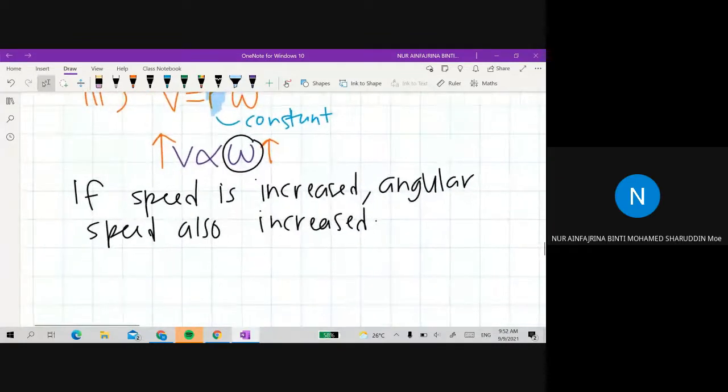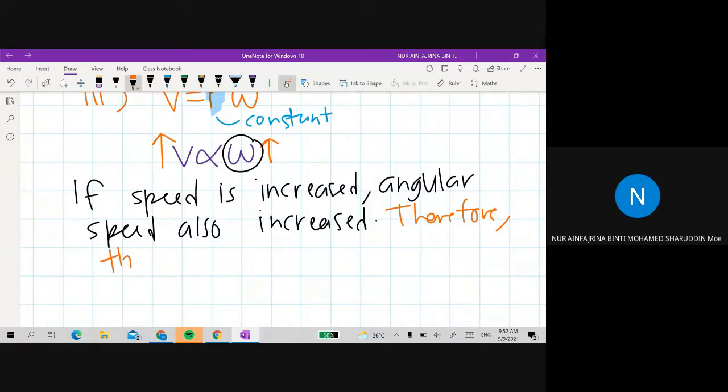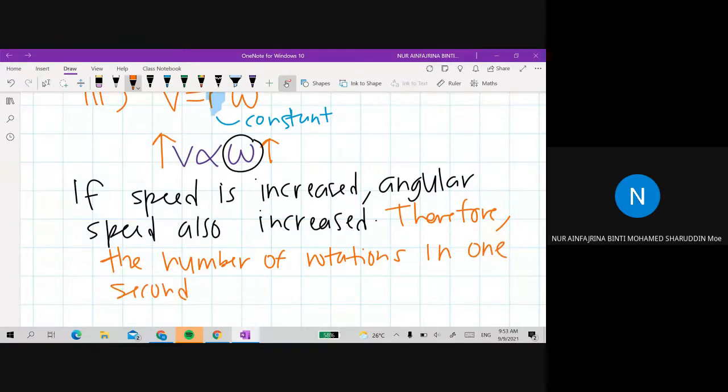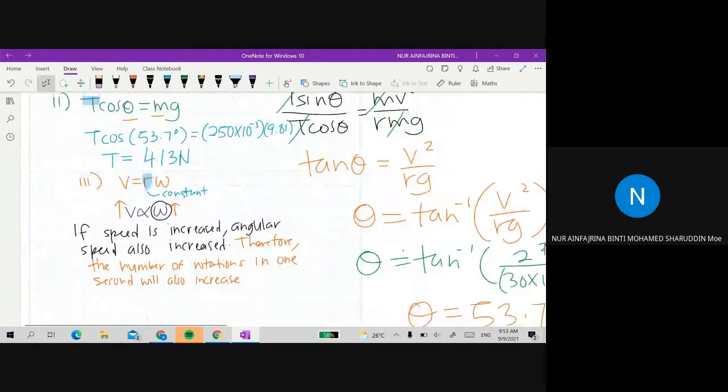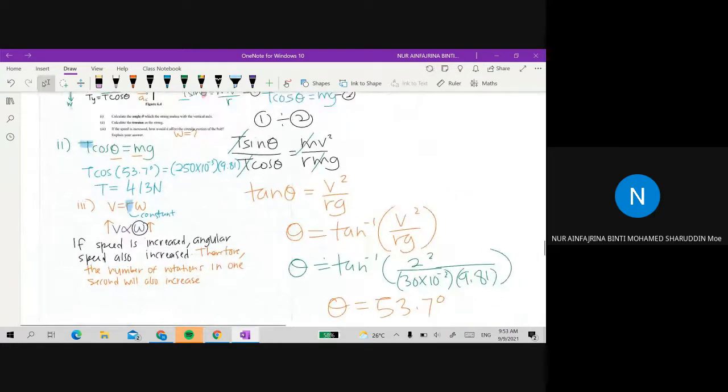Dia akan increase. Therefore, awak buat satu conclusion pula. Therefore, the number of rotation in 1 second also will increase. Okay, boleh? Okay, now Miss bagi masa for you guys to semak your punya jawapan, okay?